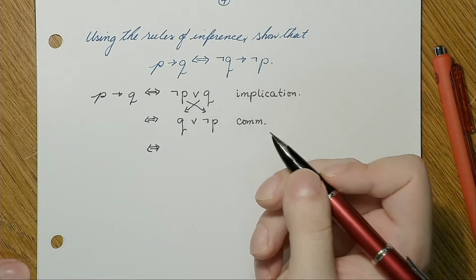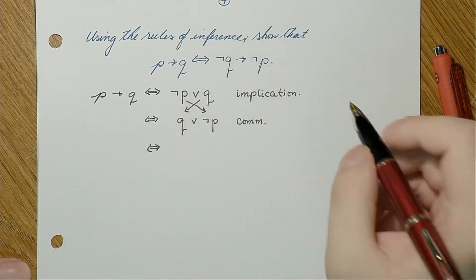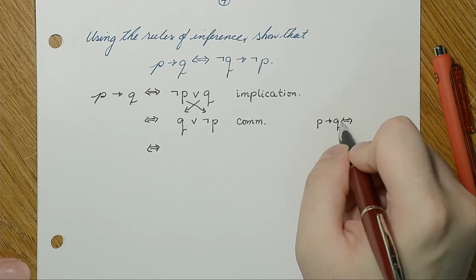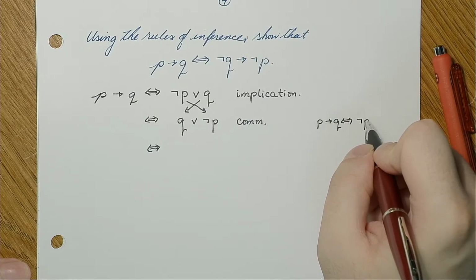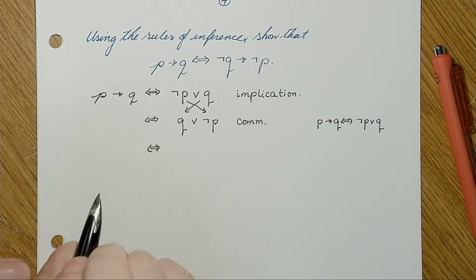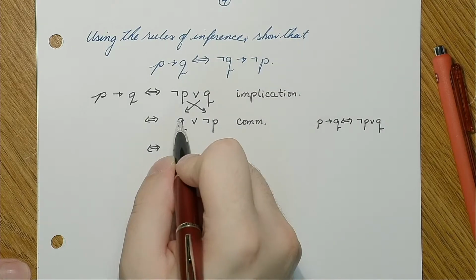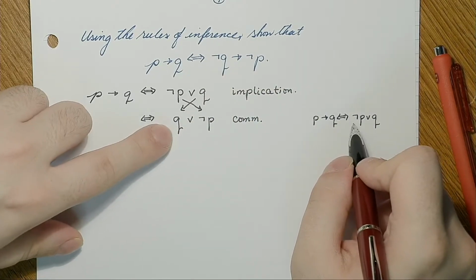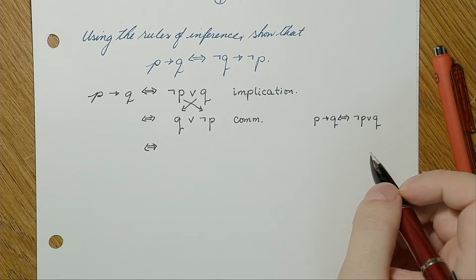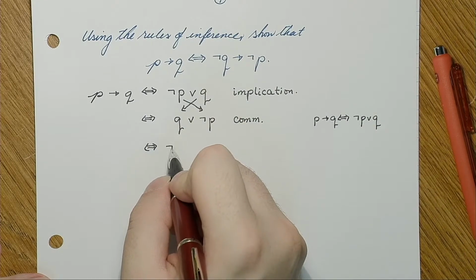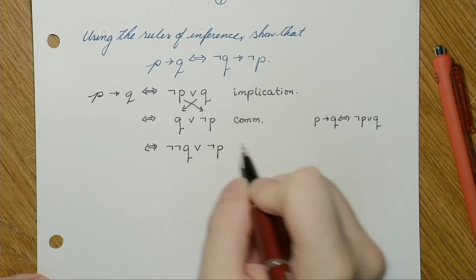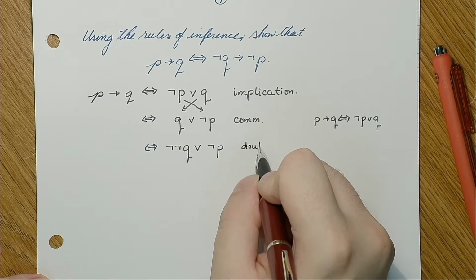Now the next thing is, I want to apply the implication rule, but I don't have a negative in front of this. So I can apply a double negative. What I'll do is go not not Q or not P. So this is the double negative.